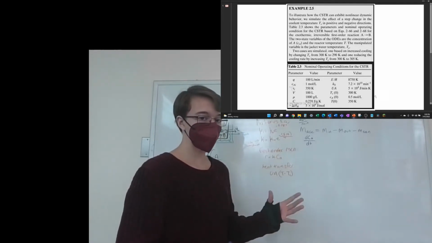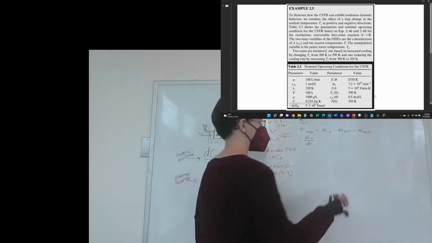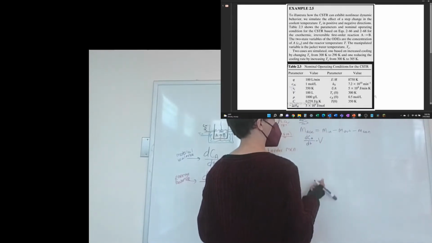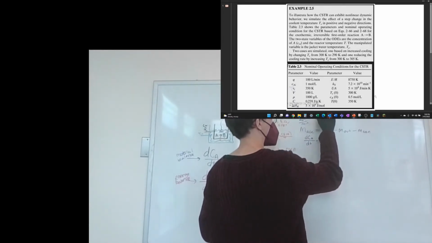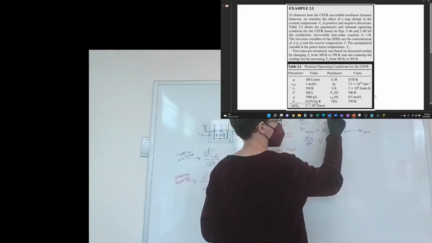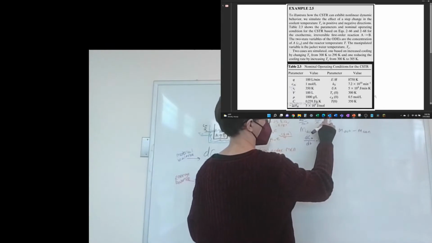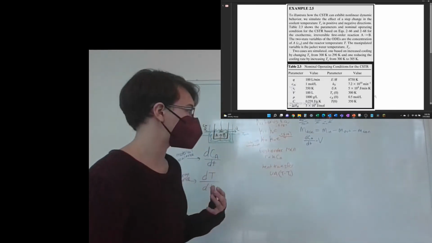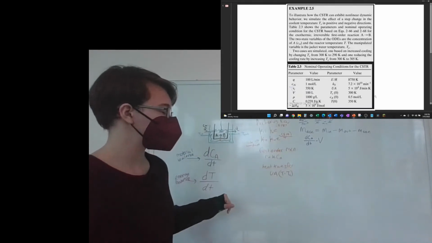So we have that extra liter in there, so we're going to need to multiply by volume to cancel that liter. Right, because then we have moles per liter per time times liter, and we get moles per minute. So that's how we're going to think through all of these.